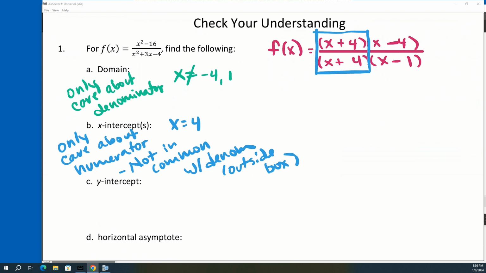All right, y-intercept we've already done. So for the y-intercept, we're putting 0 in for all the x's. And what I usually do is just cover up anything on the numerator and denominator that has an x. It leaves you with negative 16 over negative 4, or just regular old 4.